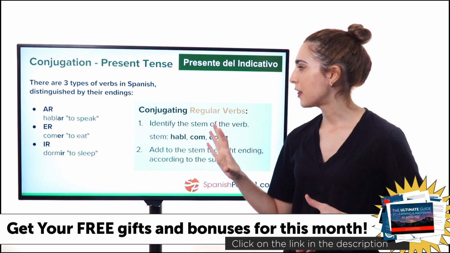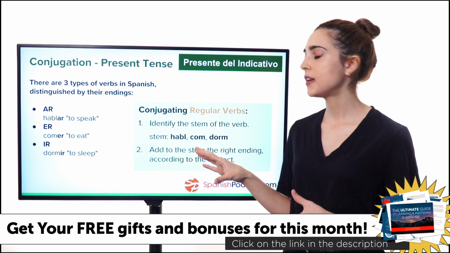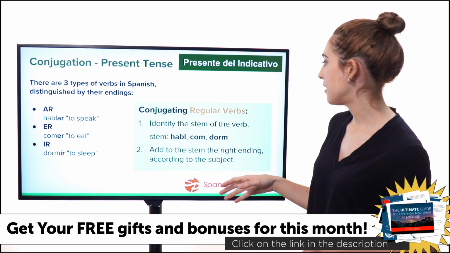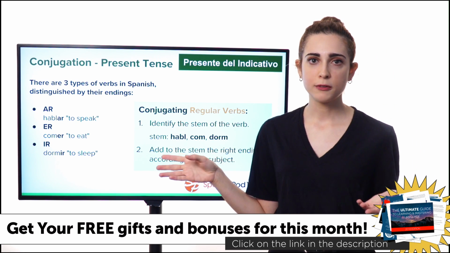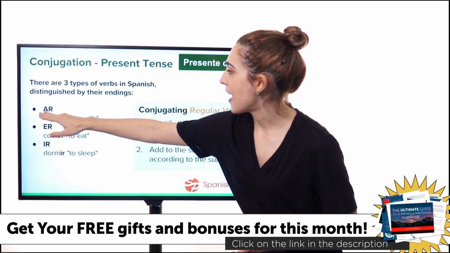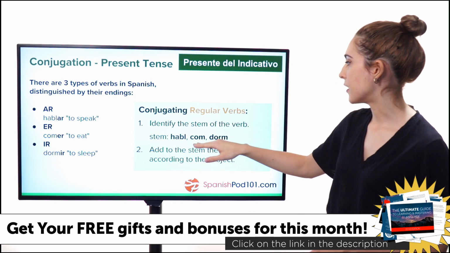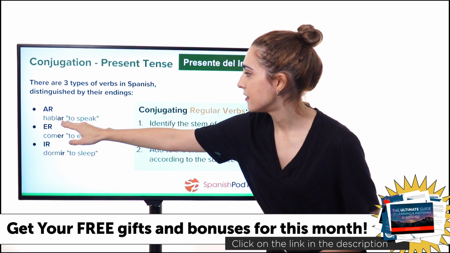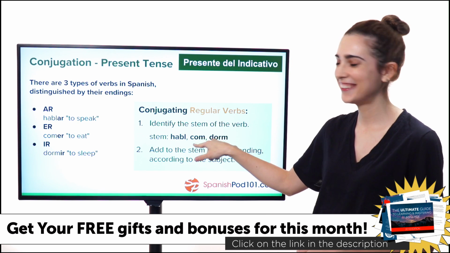The main thing to do before starting to conjugate them is identifying the stem of the verb. To identify the stem, we take out the ending, AR, ER, IR. In the case of hablar, we take out AR and we have habl.